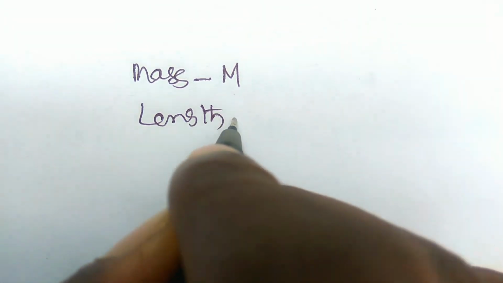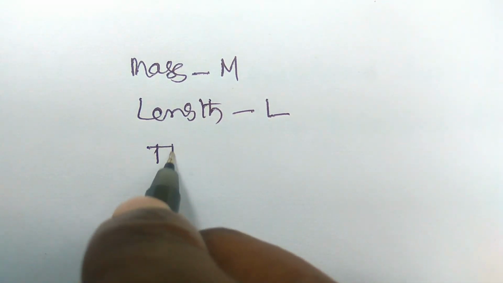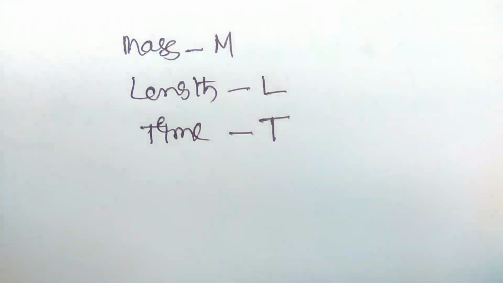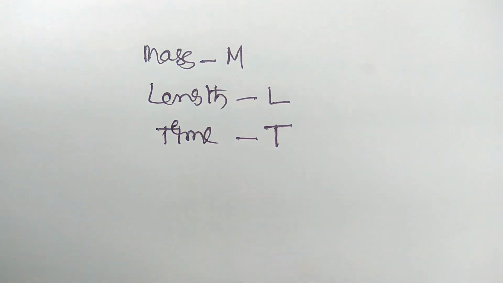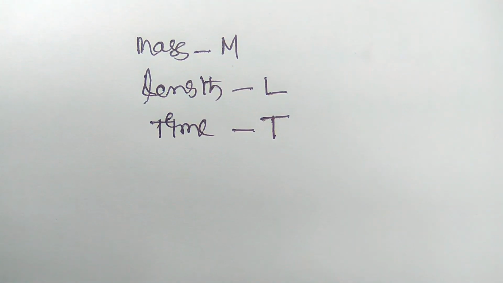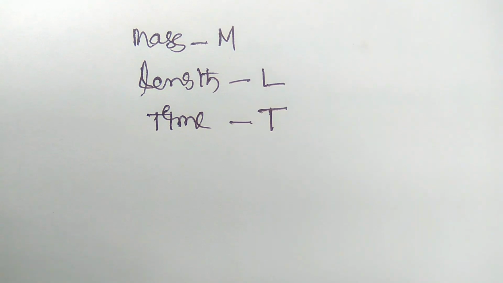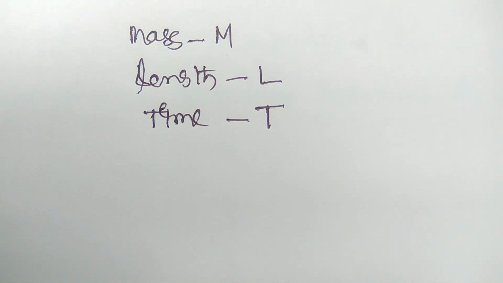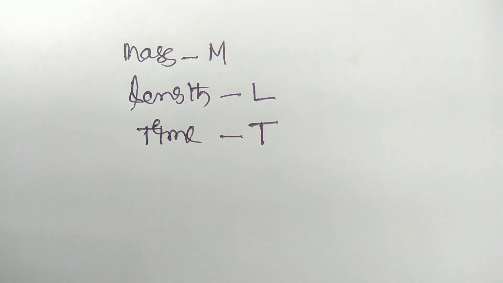Yesterday we practiced dimensional analysis, how we can write the dimensional formula of physical quantities using the fundamental quantities, that is mass in terms of capital M, length in terms of capital L, and time in terms of capital T. Many quantities were verified by us, and now we are studying the principle of homogeneity. The introduction was given in yesterday's video, and today we will continue that.